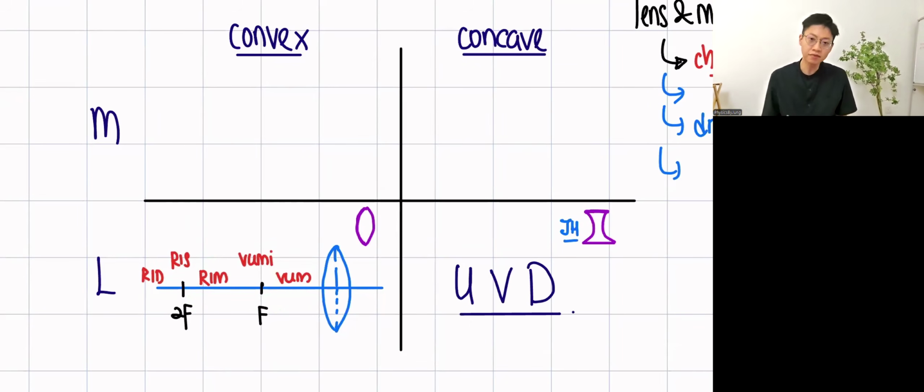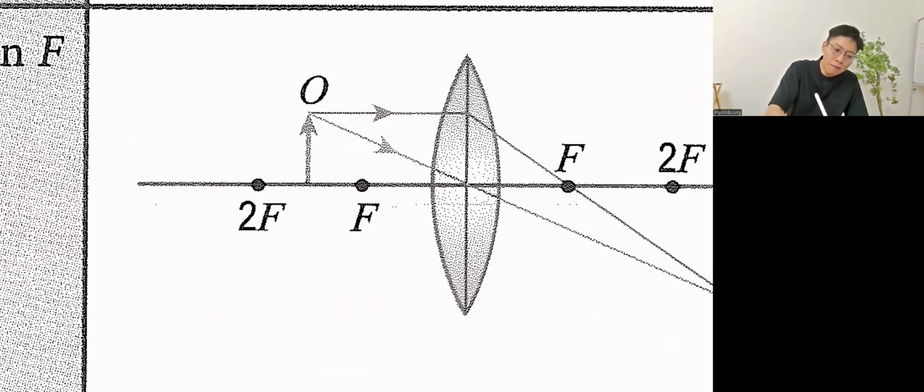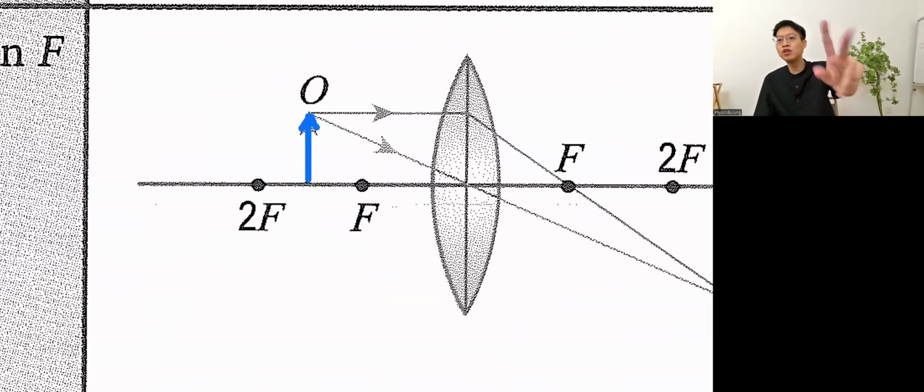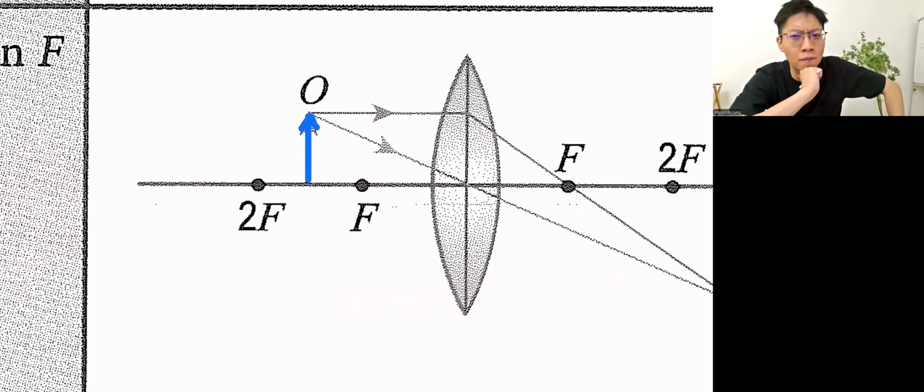Okay, can? Now I'm going to test you all first, just to make sure you know what you are looking for, so that you are not sleepy after your lunch break. Everybody look at this. Now my object is placed here, between 2F and F. Can you tell me what my image forms?